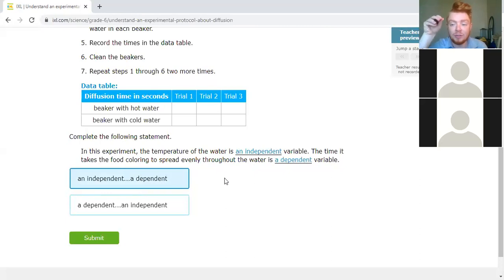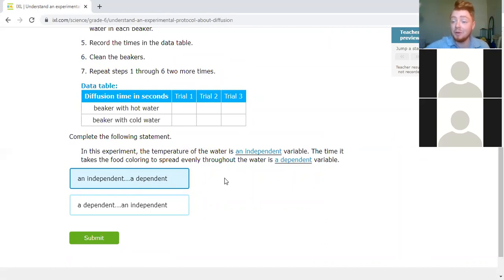Which one of those? You think it's that one? Yes. Why? Because the temperature of the water just stays the same throughout the entire time, and then with the time it takes to do the food coloring thing, it's like, what was it? I can't explain it in words.